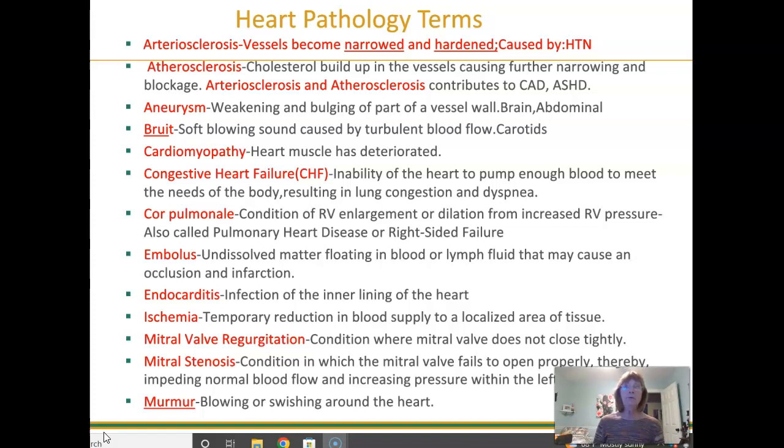Endocarditis, infection of the inner lining of the heart. We have to be careful. Some people with valvular disease, or with artificial joints in their body, have to have antibiotics when they go to the dentist for cleaning.